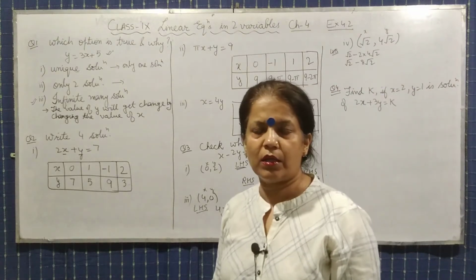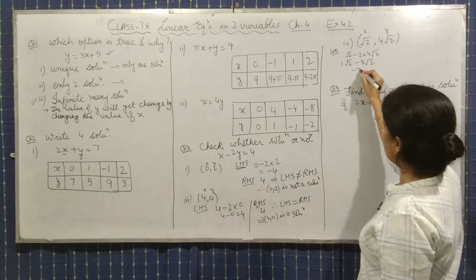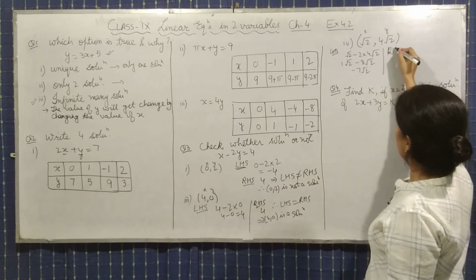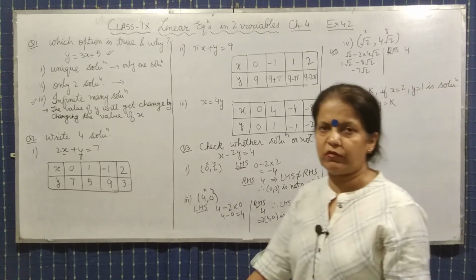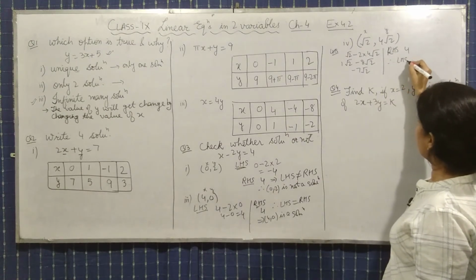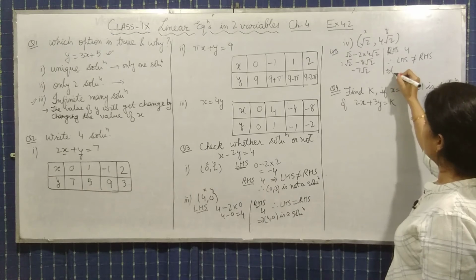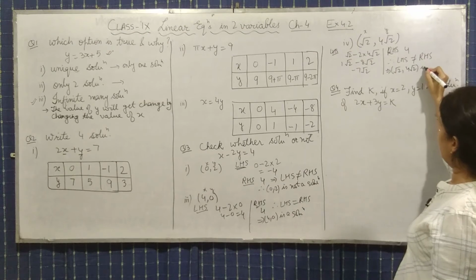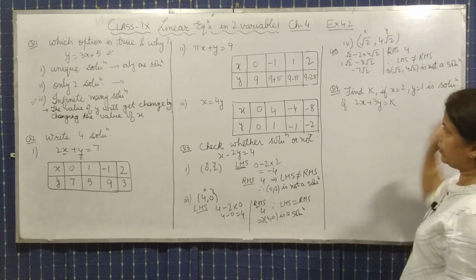Root 2 are the like terms, and here it is 1, so minus 7 root 2 आ जाएगा. And RHS is 4. So tell me whether it's a solution. Both of them are not equal. Therefore, LHS not equal RHS. This implies (root 2, 4 root 2) is not a solution of linear equation.